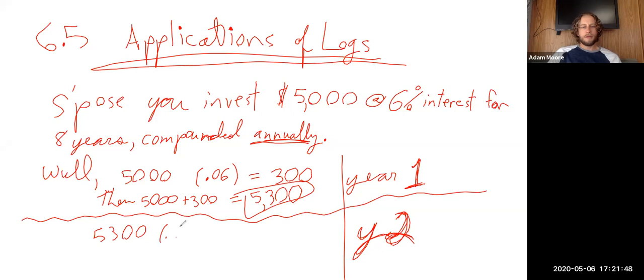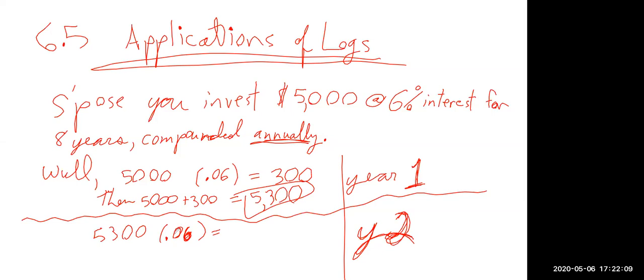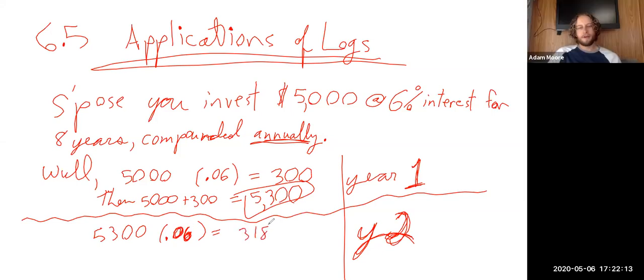So when we times that by 0.06, it'll be a little bit more than 300 because it's more. Anybody got 0.06 times 5,300? 318. Yeah, thank you guys. Okay, so that's 318, looking good.